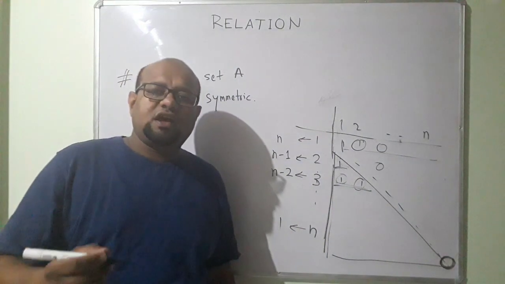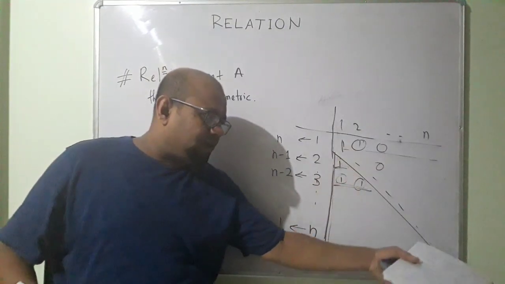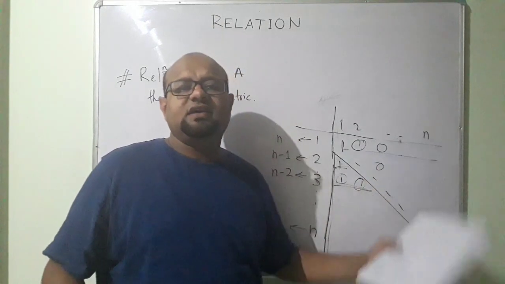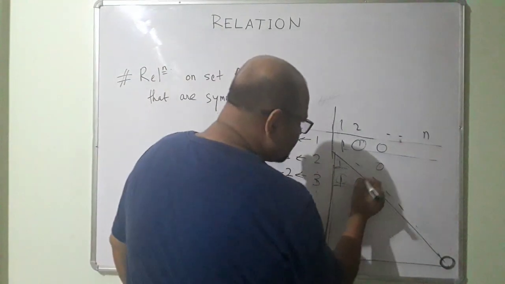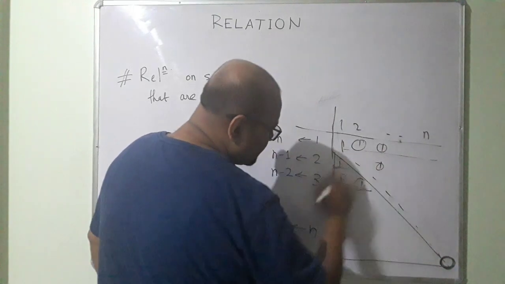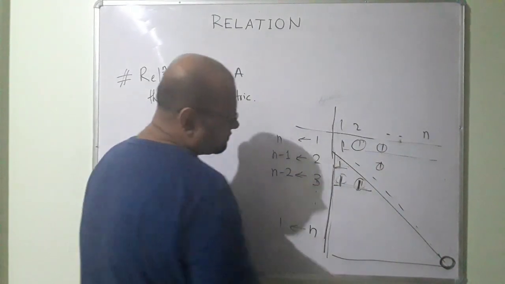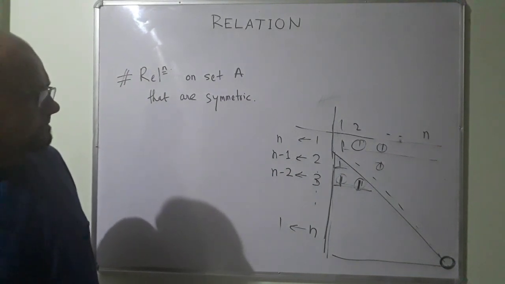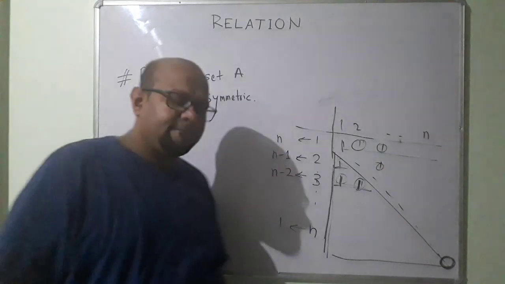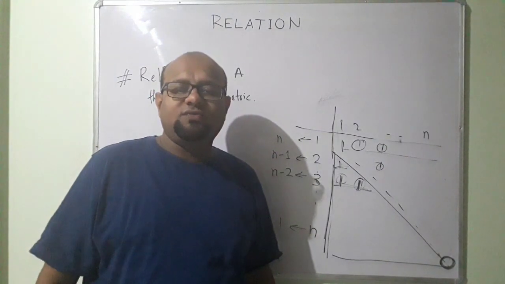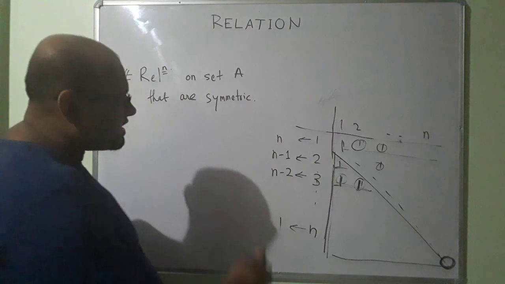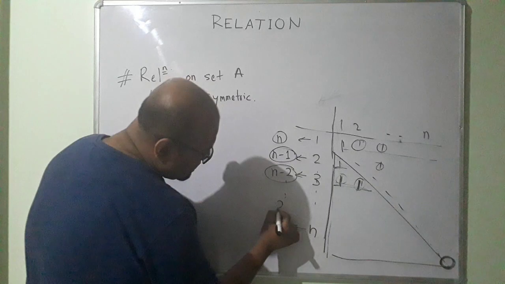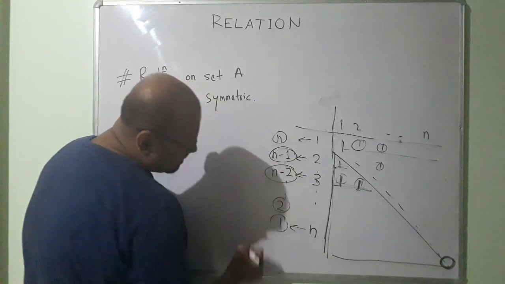So how many places are there in total where I can fill? The rest of them will be filled automatically as soon as I fill this part. If I put 1 and 1 in here, then this will be filled with 1 and 1. Here I will have n, here n minus 1, here n minus 2, going up to 2, then 1.